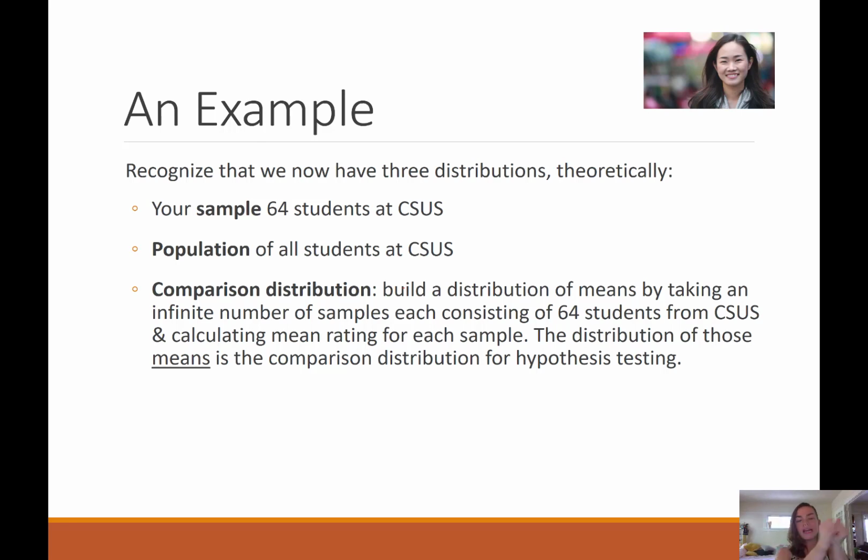Okay. So I'll do that iteratively over and over and over again until I have a whole bunch of scores over here, or a whole bunch of values that are all just means. Okay. And I could think about building a distribution or creating a histogram of those means. That distribution is called the distribution of means.